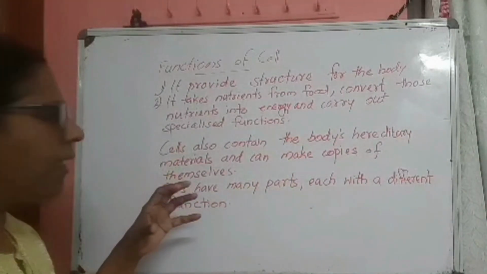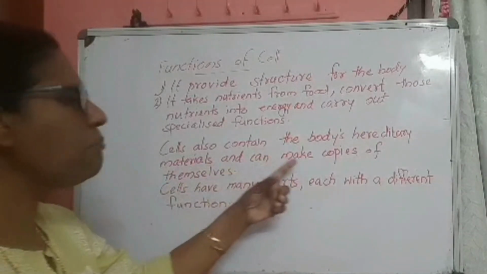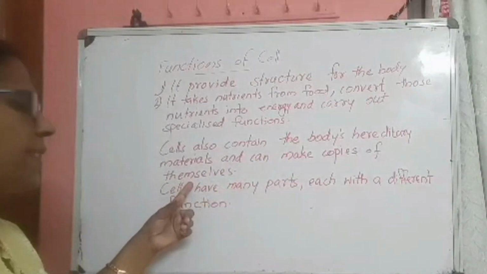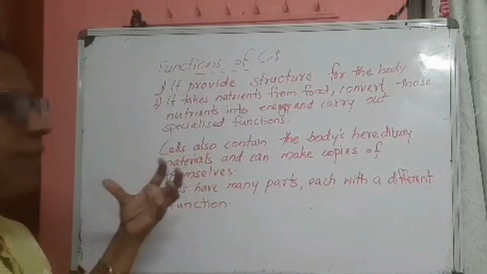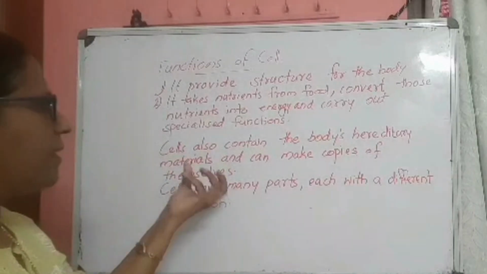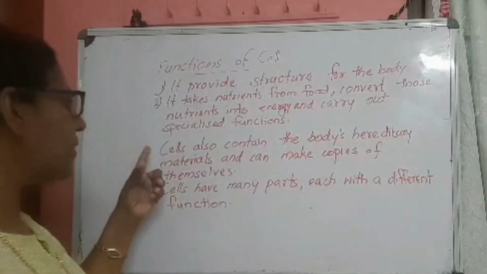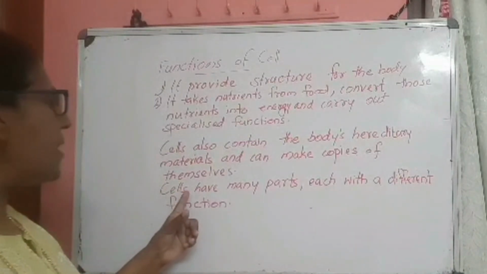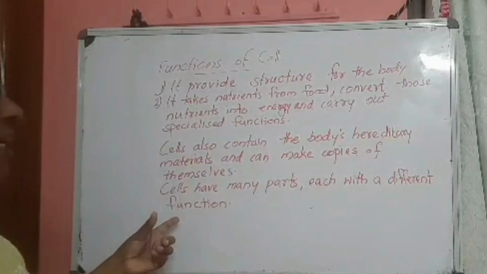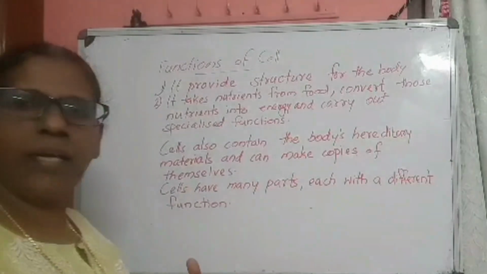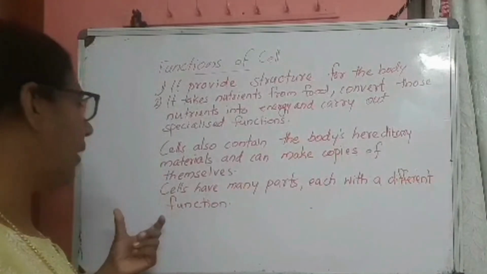Each cell contains the body's hereditary materials and can make copies of themselves. And then cells have many parts, each with a different function.